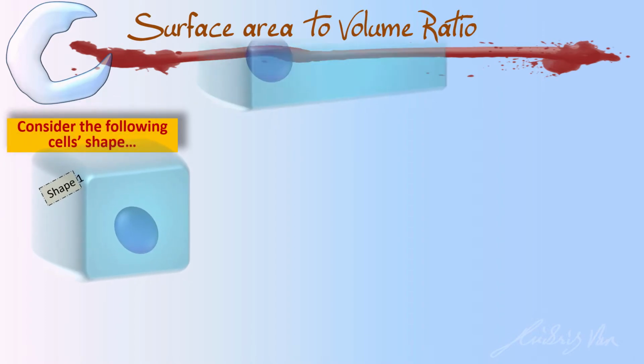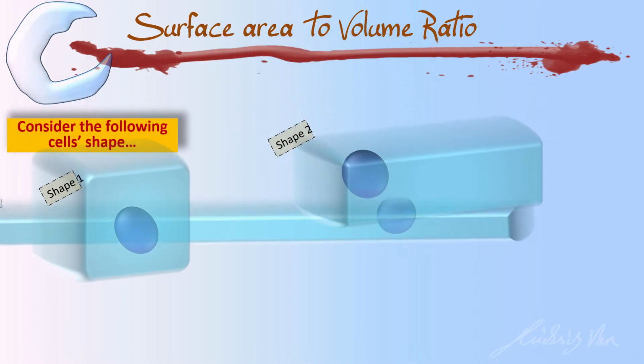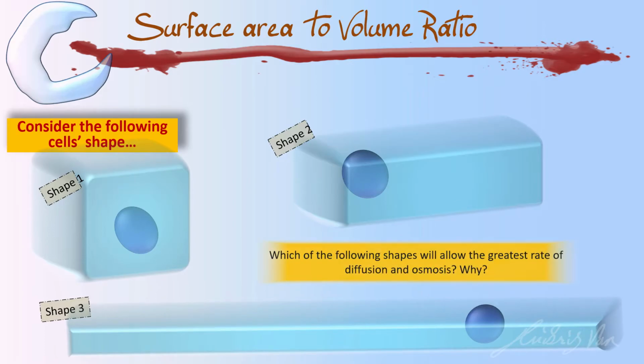The first one is a bit cubical, the second one is a bit cuboidal, the third one is very elongated. Which of the following shapes will allow the greatest rate of diffusion and osmosis? And why? The why you probably can guess, oh, because it has a larger or smaller surface area to volume ratio. So let us look at the detailed explanation.